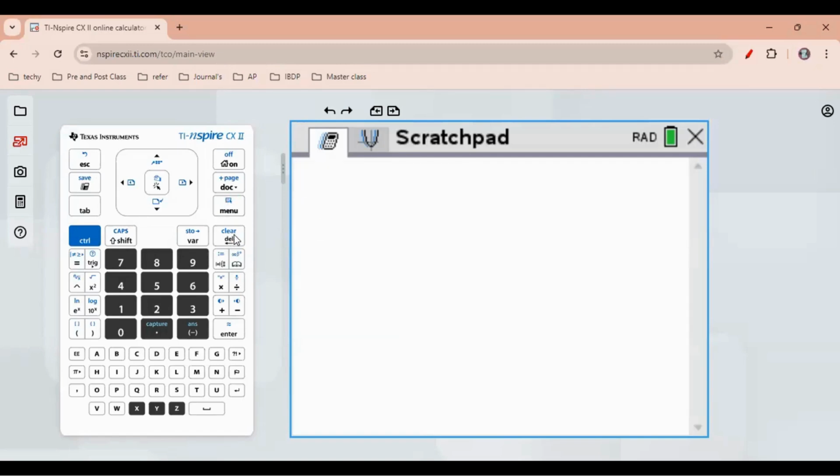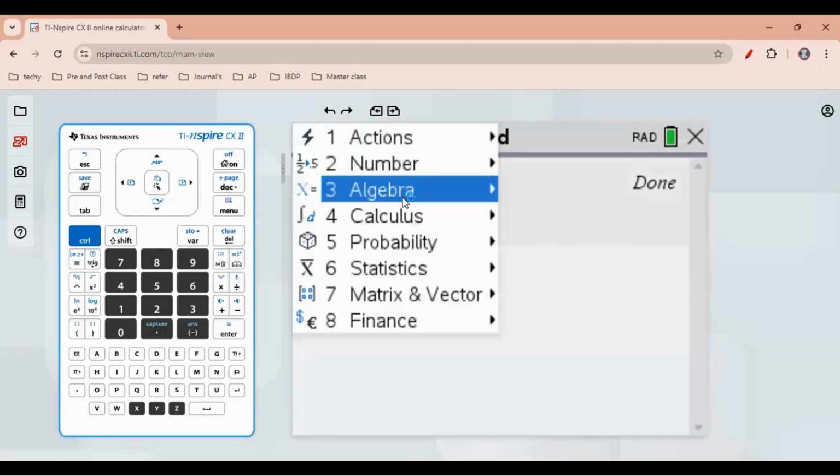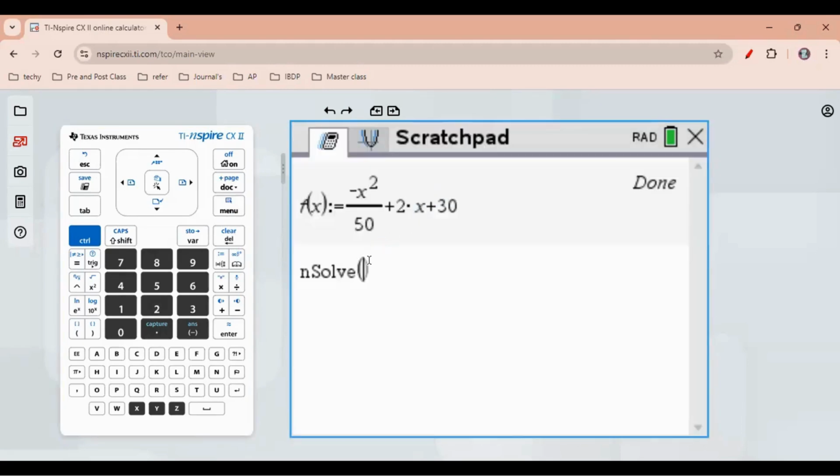Let it be f of x. I need to equate it for the numerical solve. Your f of x is actually equal to the width. So f of x equals 70 minus x, and we are solving for x. That's it. I got 14.98.